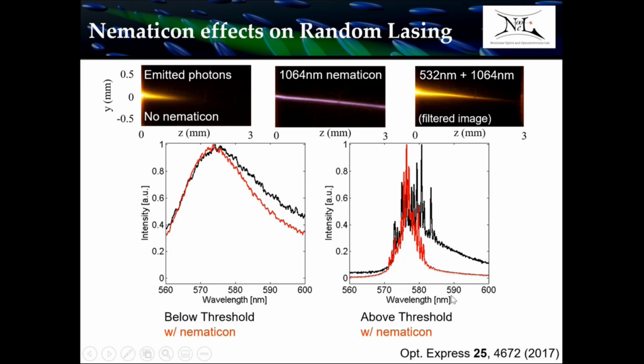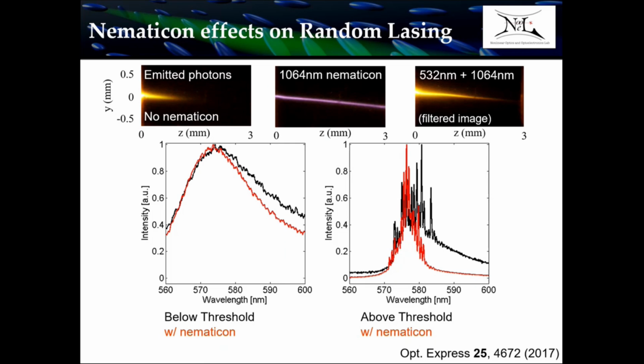And if you look at the spectra versus wavelength, you see that below threshold, without nematicon, black line, you get a fluorescent spectrum which is broad and irregular. In the presence of a nematicon below threshold, nothing much changes in the red curve. But if you go above threshold on the right, you see that you get random lasing in black without nematicon. So it's a very regular and broad spectrum because there are several laser lines in this random system without an external cavity.